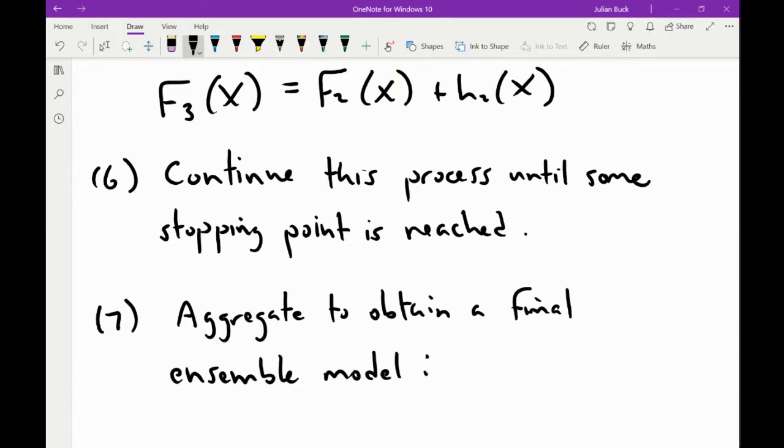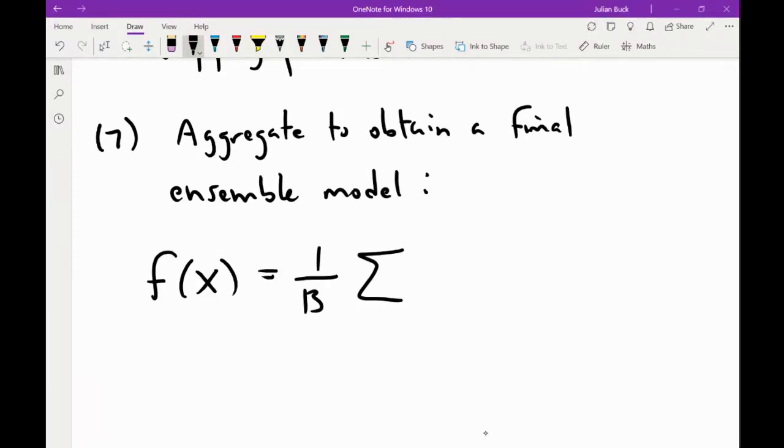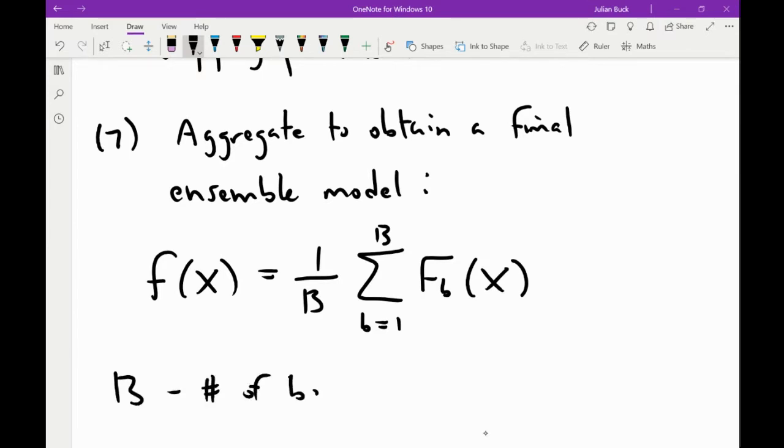So in the case of regression, aggregation, as usual, is just averaging across all of them. So we could call this f of x, and it's just going to be 1 over capital B, sum from b equals 1 to capital B of f sub b of x, where capital B is the number of boosted trees.